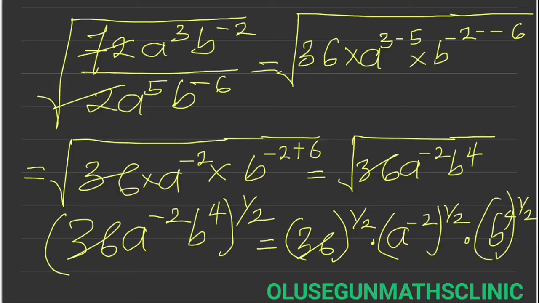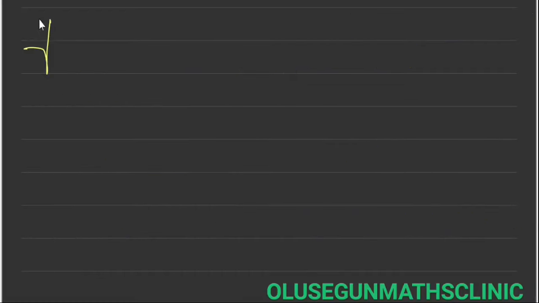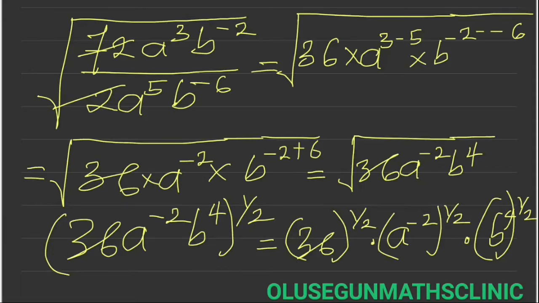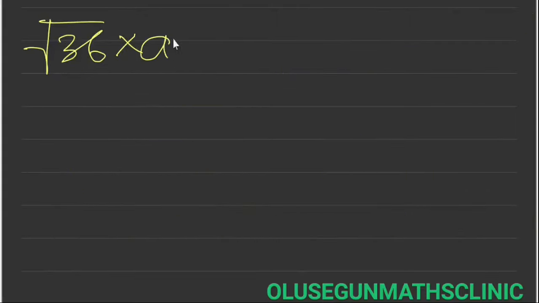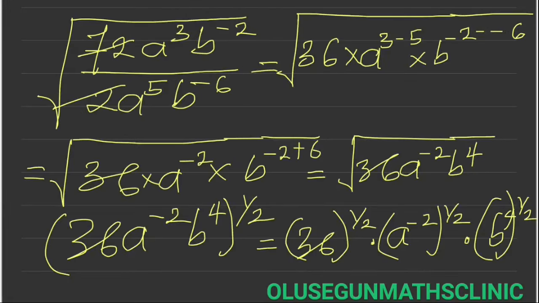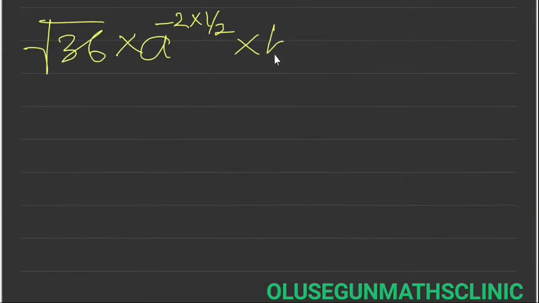Now, since it affects the whole value, 36 raised to power half can be written as root 36, times A raised to power minus 2 times 1 over 2, times B raised to power 4 times 1 over 2.